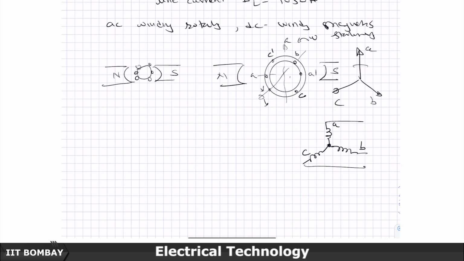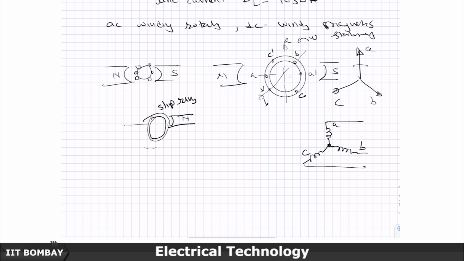And how do you take it out? If this is the rotating part, and I get this A phase winding out, the other one is joined here, then there will be some kind of a brush arrangement, what is known as the slip ring arrangement, and a carbon brush sitting on it, so that this conductor is free to rotate, yet the brush taps that current out and moves it further.